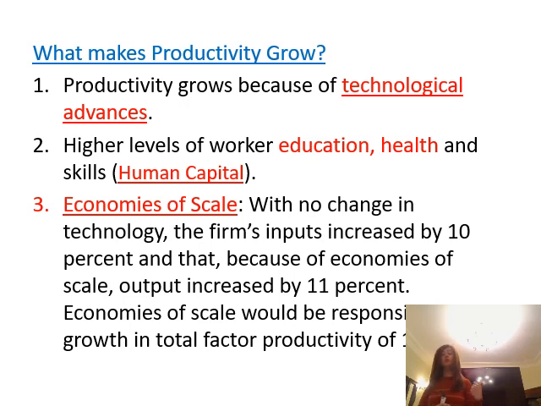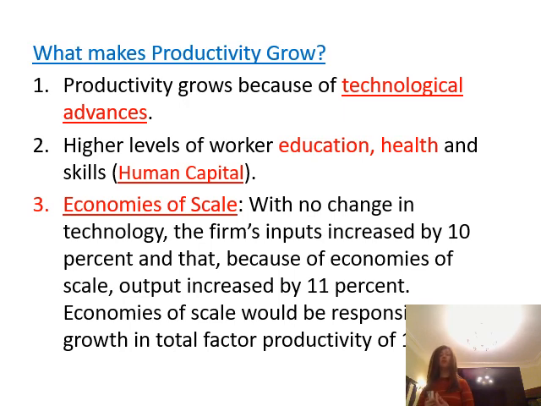One thing that we just talked about is economies of scale or increasing returns to scale. When you increase all inputs by 10% and output tends to increase by more than 10%. If output, for example, increased by 11%, it means that this 1% is attributed to productivity growth that is due to economies of scale.